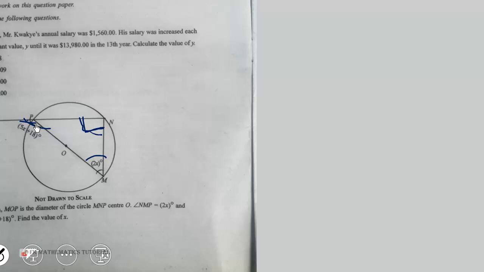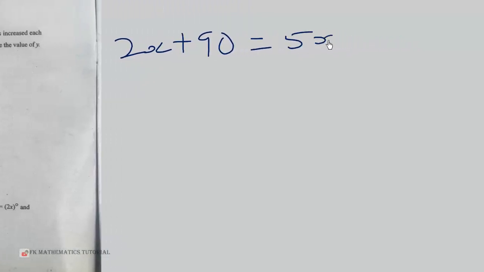So the triangle inside the circle, we can apply the exterior angle theorem on it. So we are going to get 2x plus 90. The two interior angles will be equal to the exterior angle opposite to them, which is 5x plus 18 degrees.